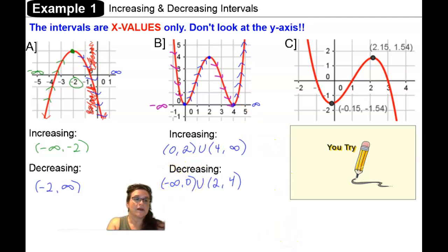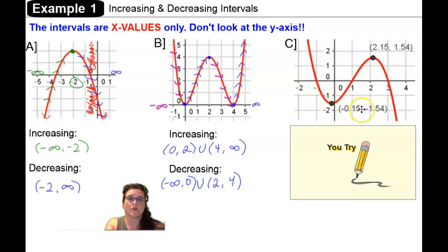So the intervals where the graph is decreasing would be negative infinity to 0, non-inclusive, union, and then the open interval 2 to 4.